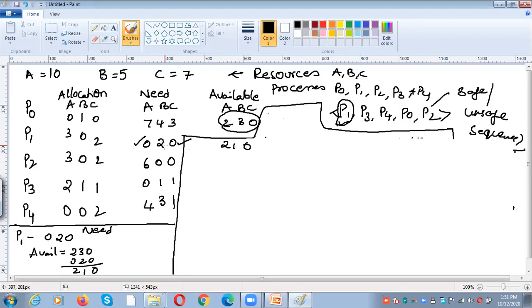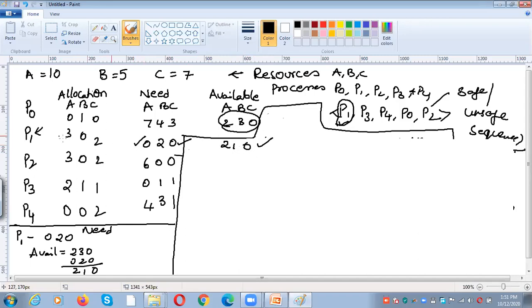Okay, you have allocated 0 2 0 to P1. From the availability, how many resources are required by P1? 0 2 0, so 0 2 0 is given to P1. How many are still available? You subtract 0 2 0 from 2 3 0, so the resources still available are 2 1 0.